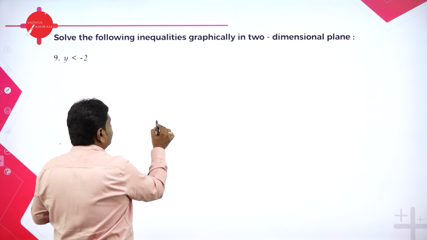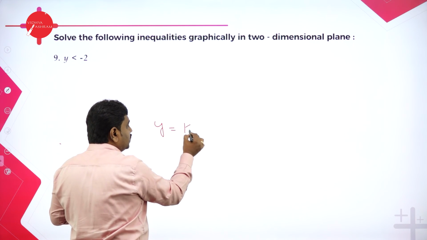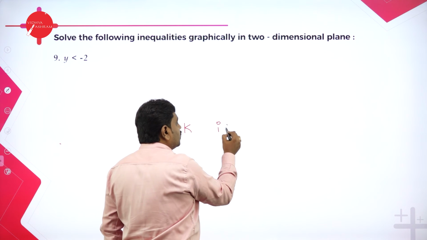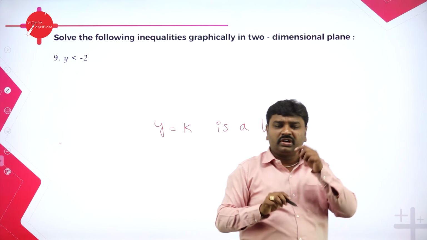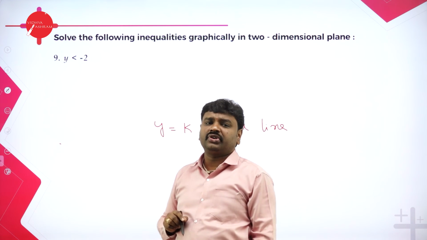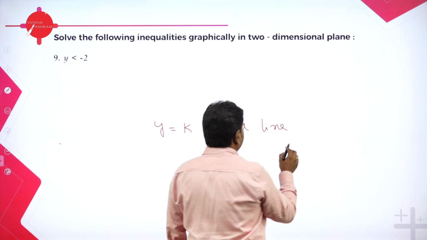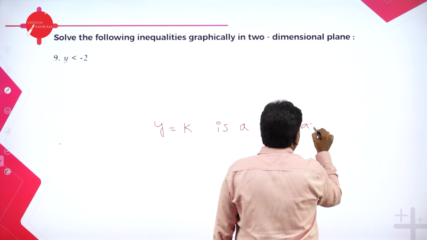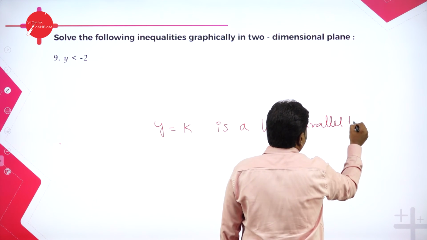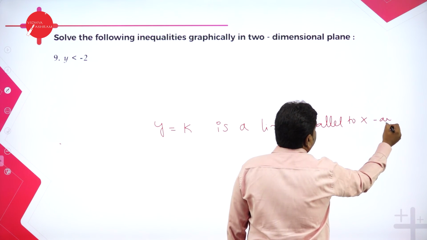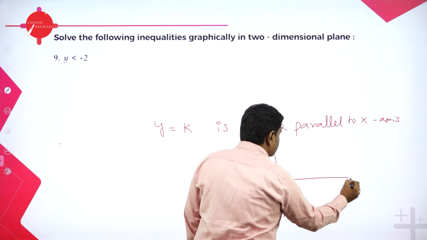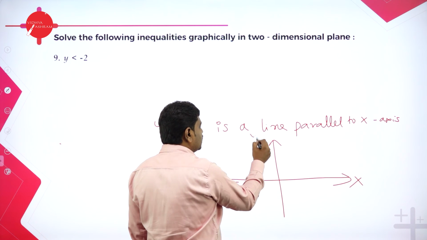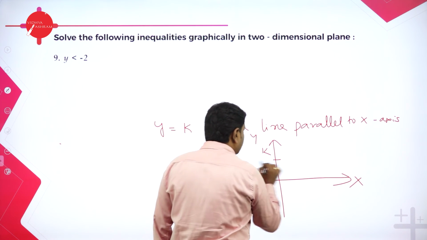Before I go to this, y is equal to constant is a line parallel to x-axis. Make a note of it. These are all important for you to learn linear programming in second year PUC or 12th standard. So y is equal to k is a line parallel to x-axis. On the y-axis, suppose this is k, you draw a line parallel.